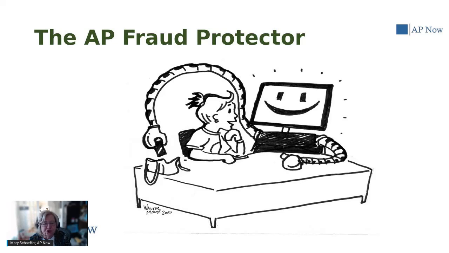So AP's new role, if you will, is to find out about the new frauds and then make sure the organization is protected, change whatever processes need to be changed in order to make sure that the company doesn't fall for the fraud, send money where it shouldn't go, or give data to someone who shouldn't get it. But their other role is to alert everyone. I like to say that when it comes to fraud, education is the silver bullet.